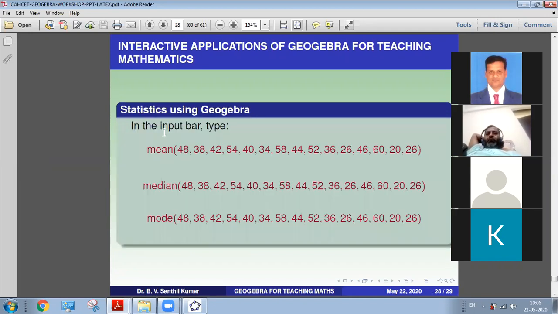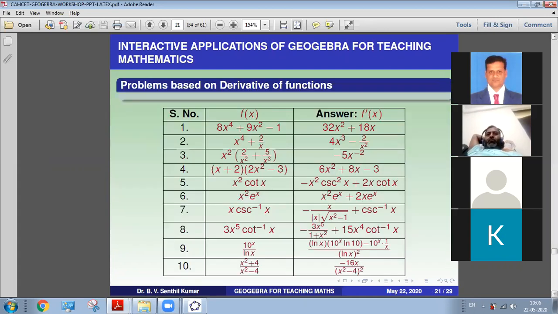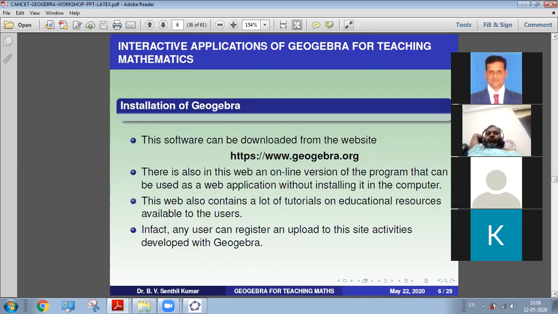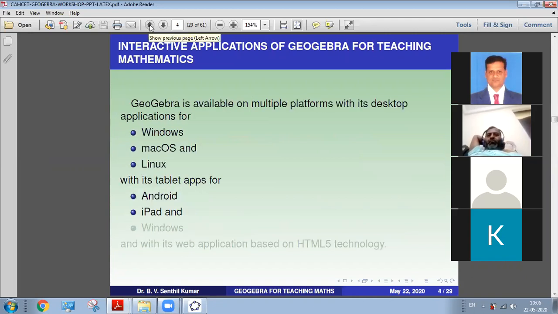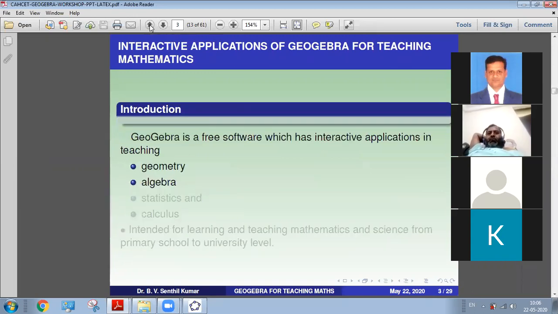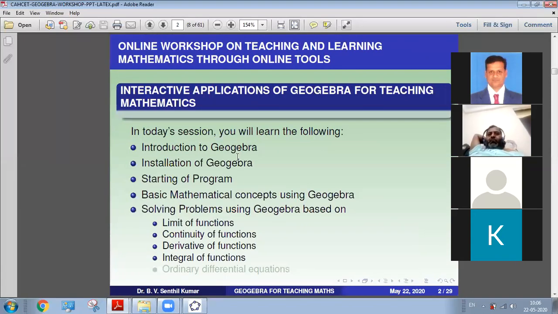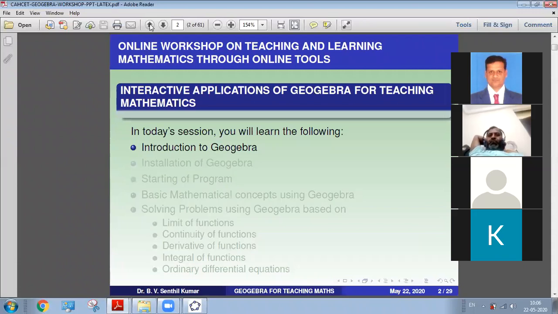So far, let me summarize what we discussed in this session. First, we discussed the introduction to GeoGebra, where it is useful, how we can use it, what type of applications are there.